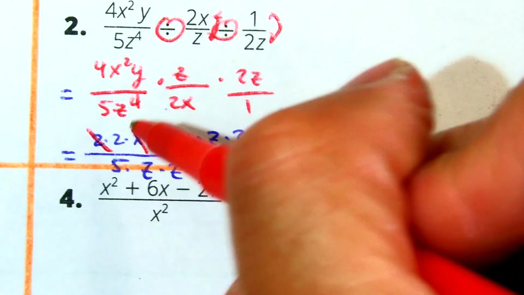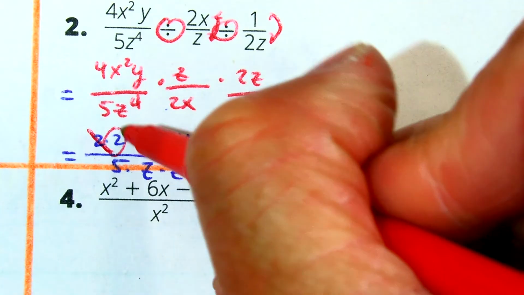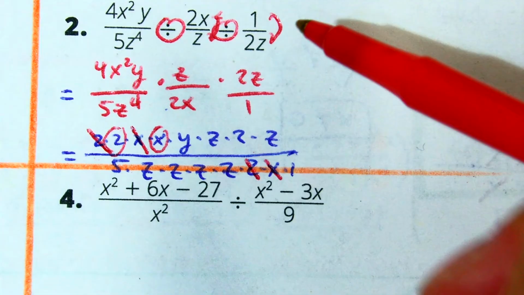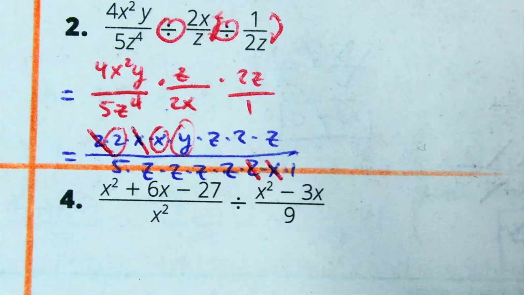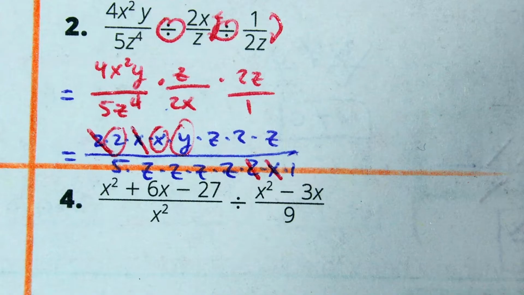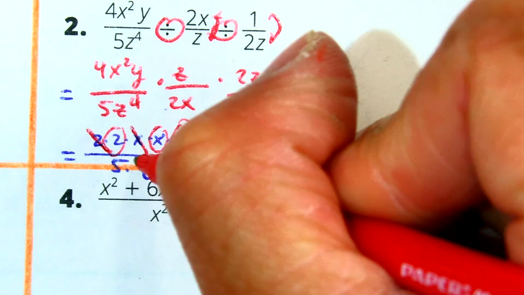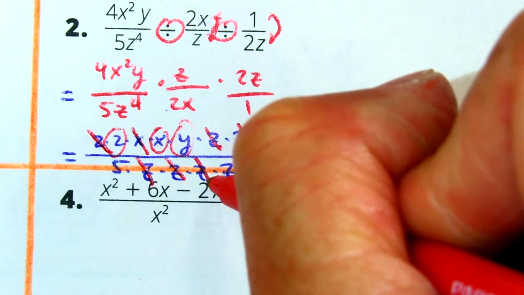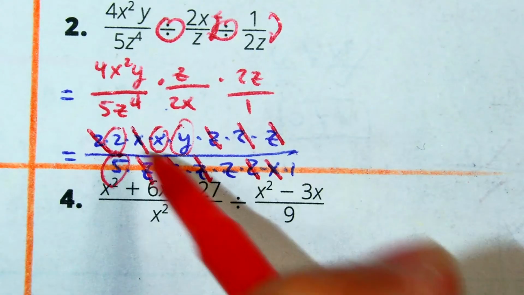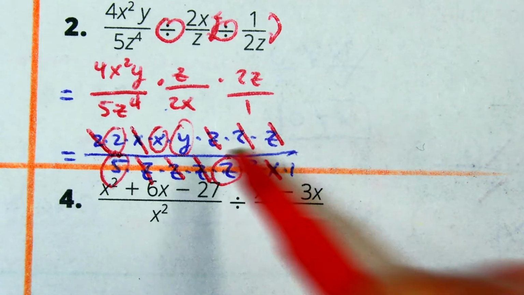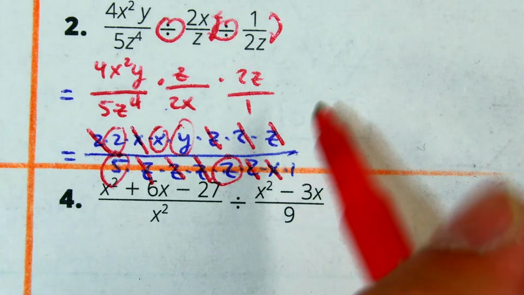Let's circle these as we go along to show that we know that you can't cancel them. How many z's? 1, 2, 3. 1, 2, 3. I'm looking for those that are not crossed off. Again, there's always a 1, so.